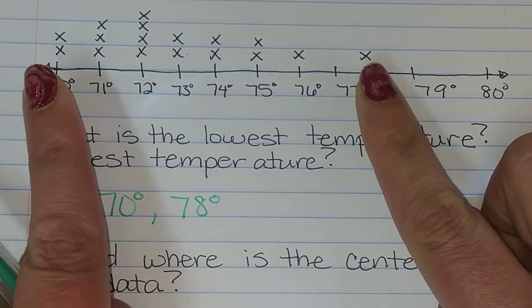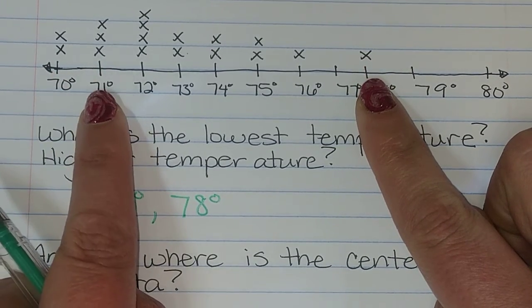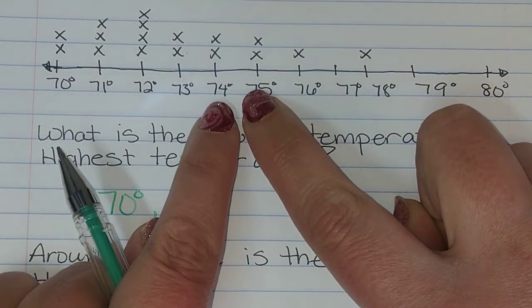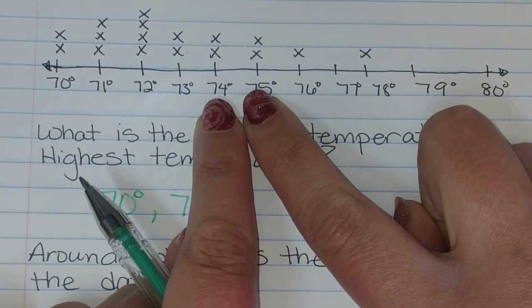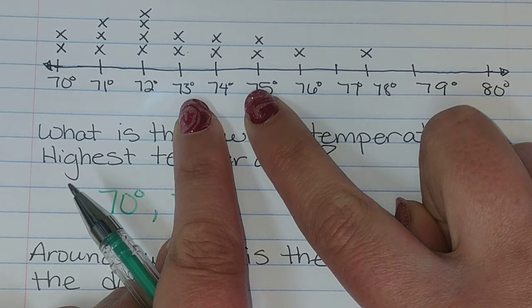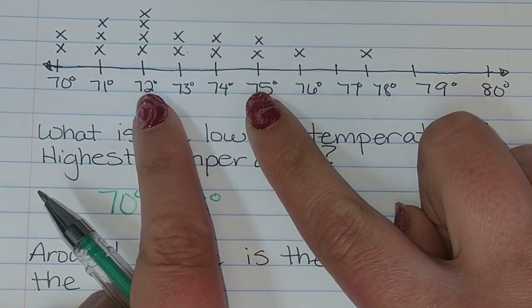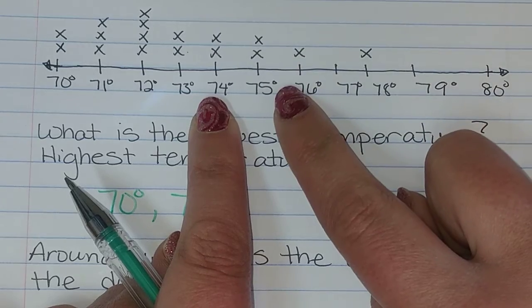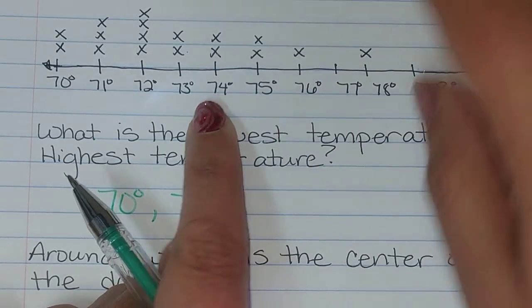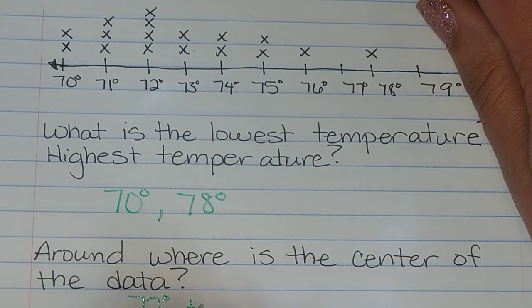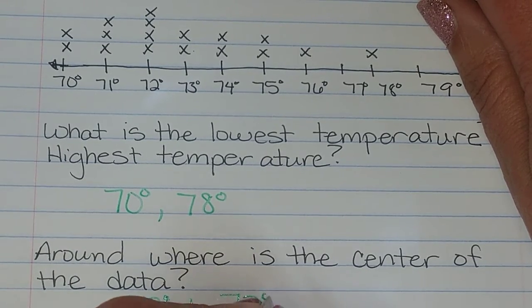So what I like to do is get my fingers out, and I like to move closer each time, and I can see that 74 would be about the center. I would also accept 73 degrees or 72. Somewhere in there would be the center of the amount of data that we have. So we would have 72 degrees to 73 degrees.